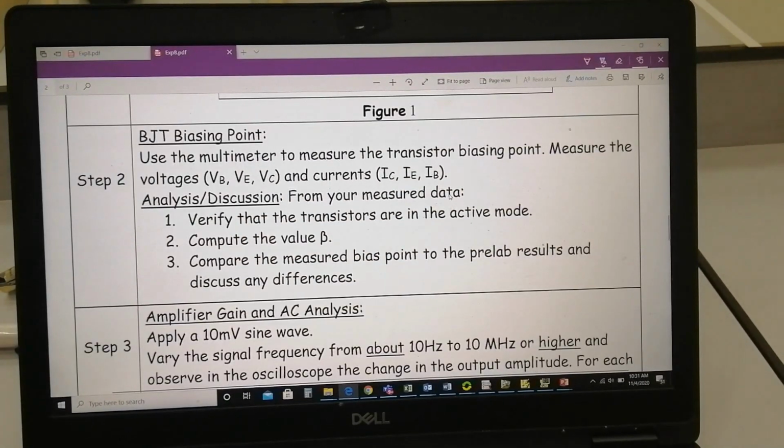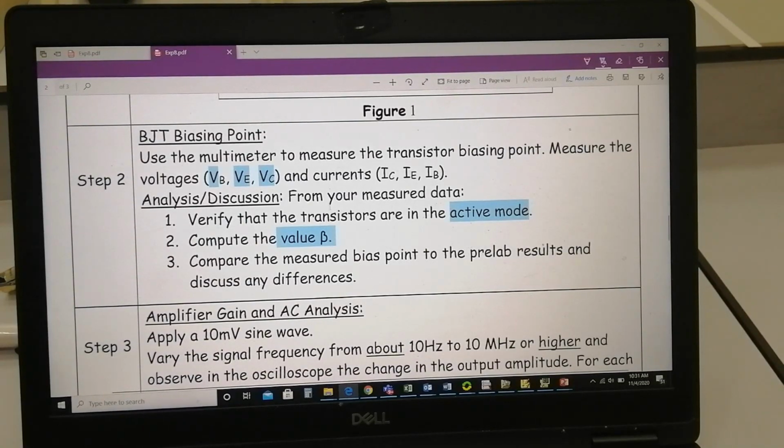At the beginning, we always try to determine the biasing condition of the circuit. We determine VB, VBE, VBC, IC, IE, IB, and verify if it is in active mode, also compute the value of beta, and compare the measured bias point.